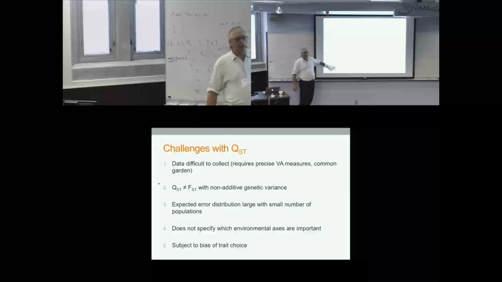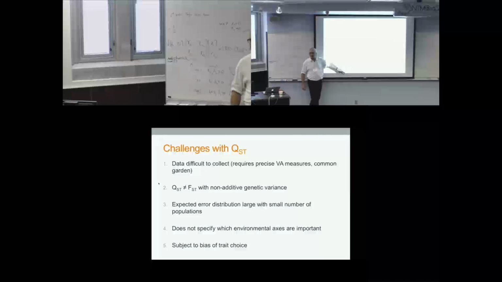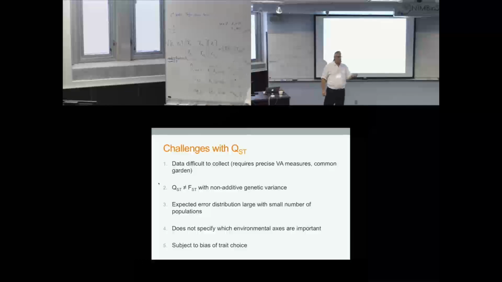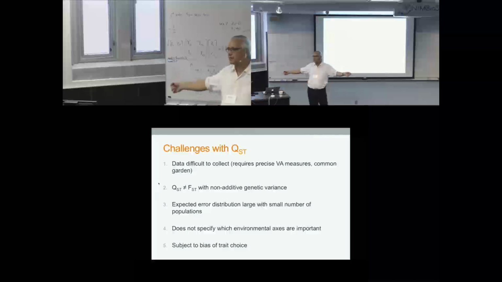And then one thing I haven't mentioned, there's a real funky bias built into things like QST. Because it's such a large amount of work, you'd be insane to do this unless you already knew enough about your species to know which traits would be worth measuring. But if you know that much about those traits, you're going to be wanting to pick the ones that look like they're really different from one population to the next.